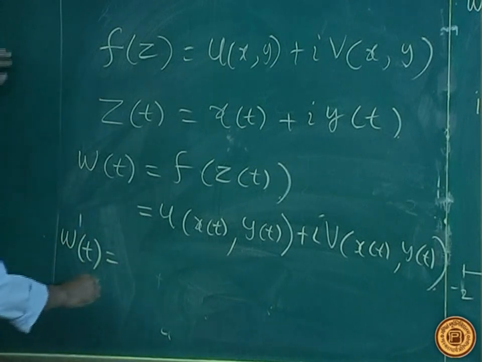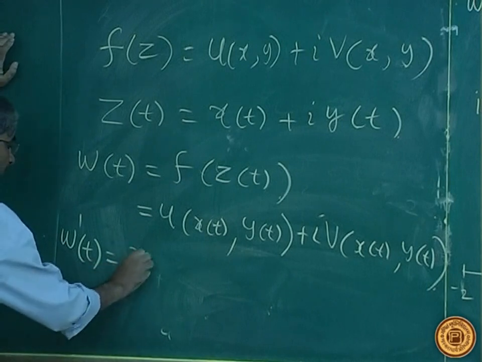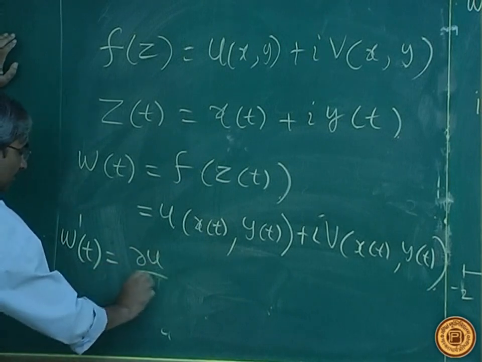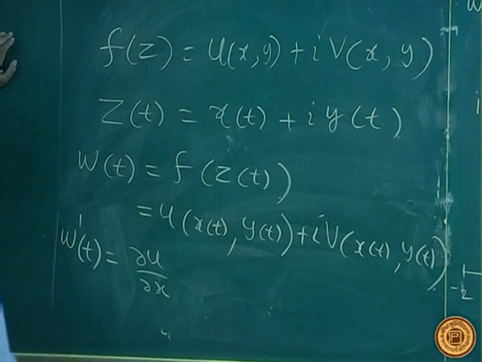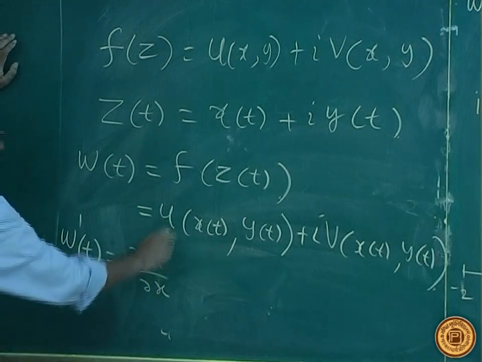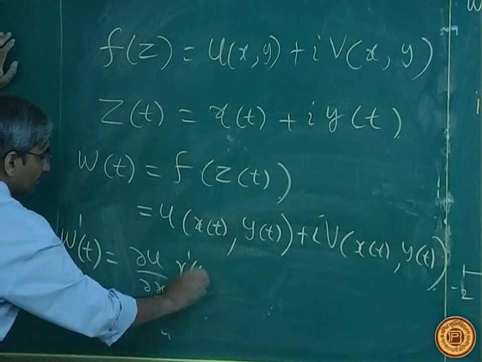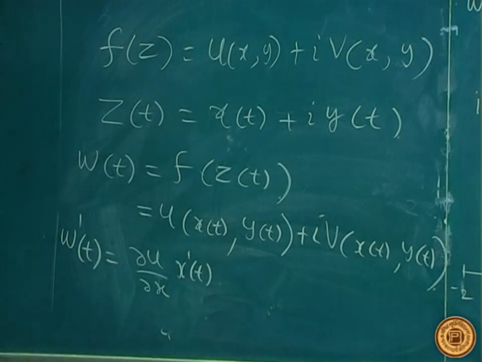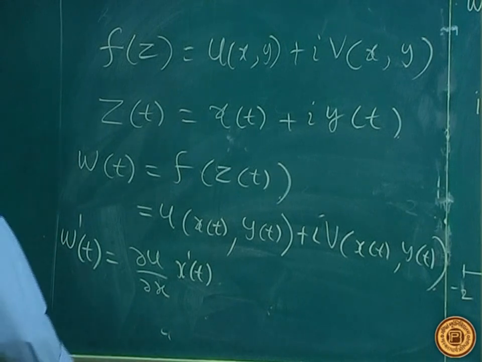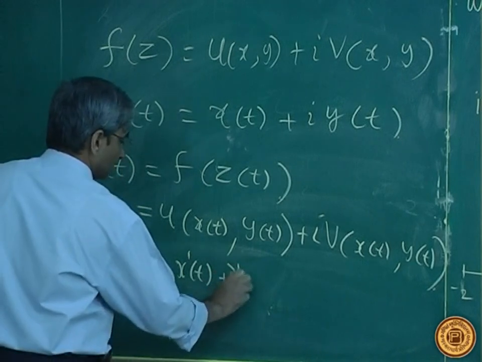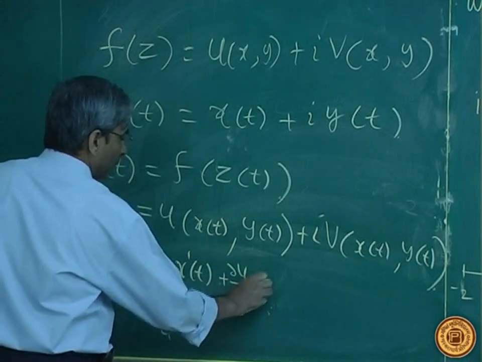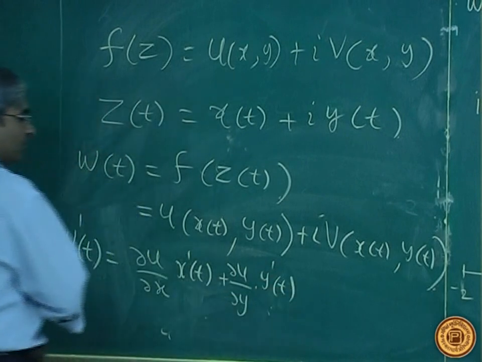So it is dou u by dou x into x prime t, that is dx by dt, plus dou u by dou y into y prime t, because y is a function of t.